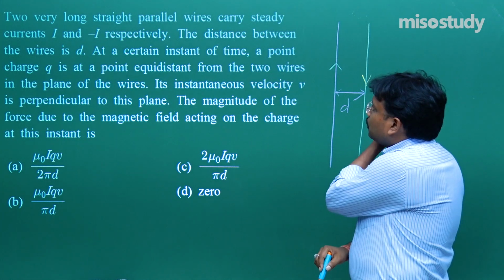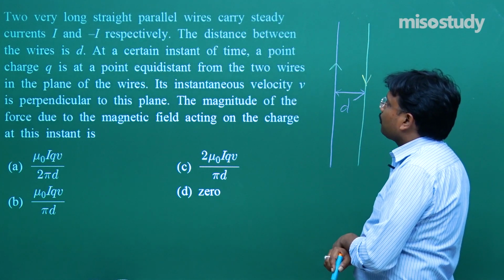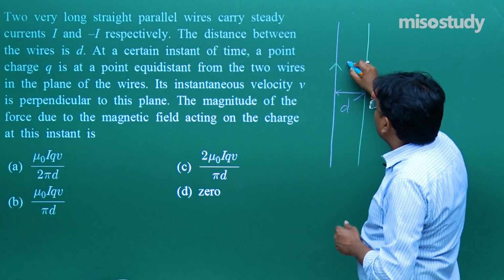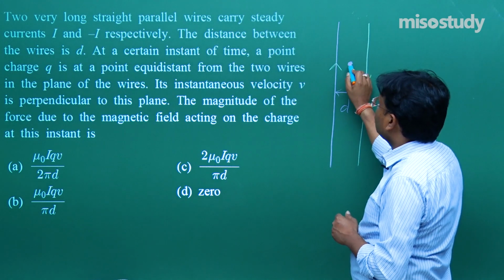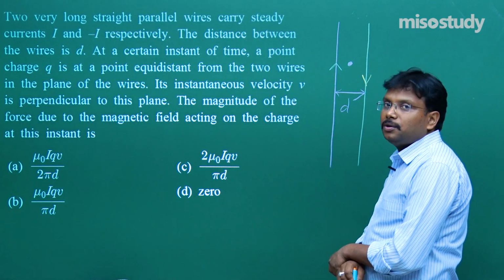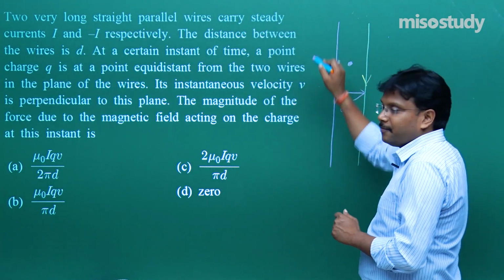At a certain instant of time, a point charge Q is at a point equidistant from the two wires in the plane of the wires. So let us say the charge is placed equidistant over here, d by 2, d by 2. Its instantaneous velocity v is perpendicular to this plane. Here v, here v, everywhere v.